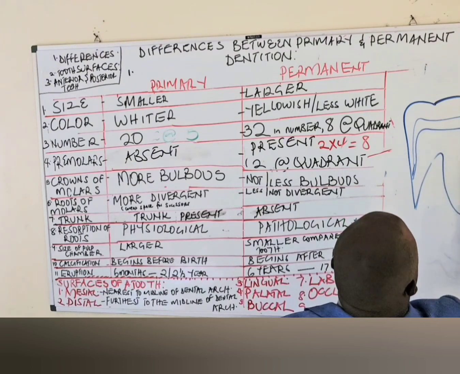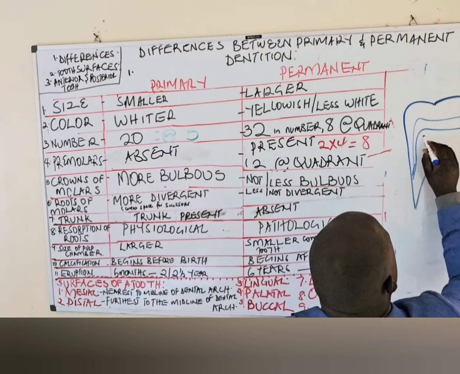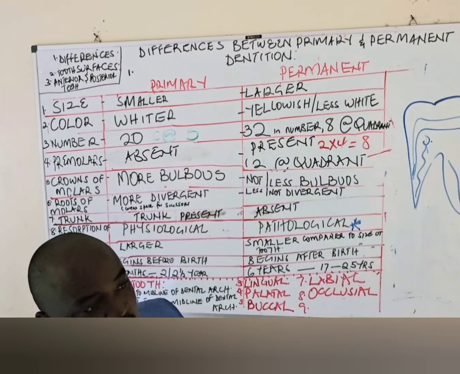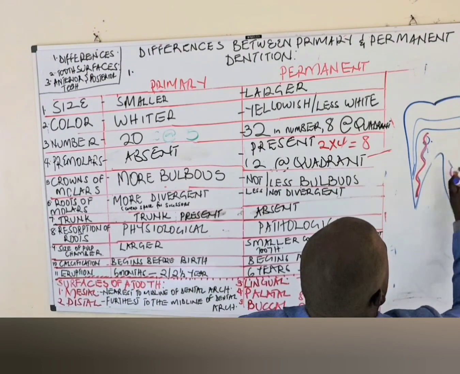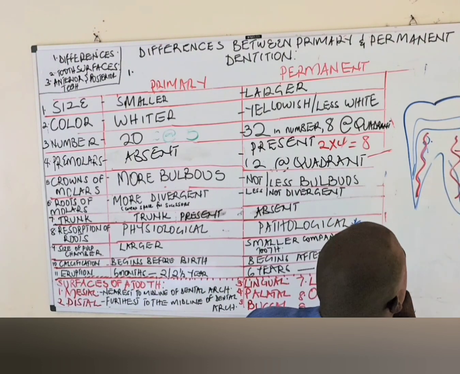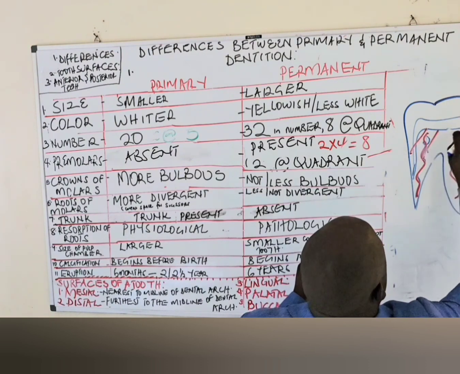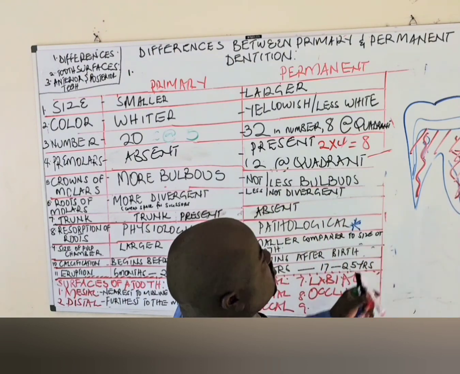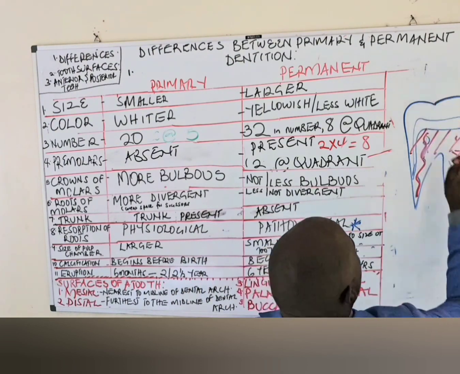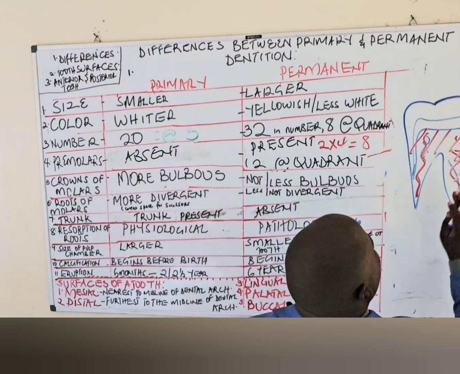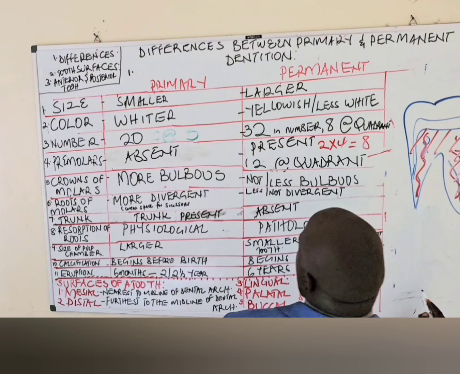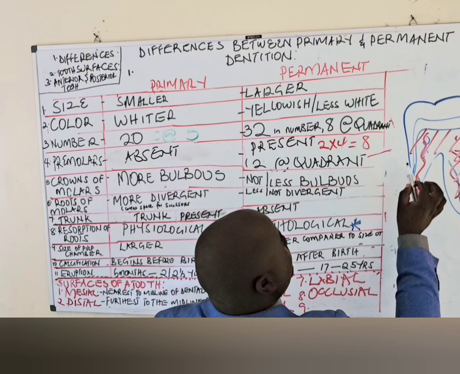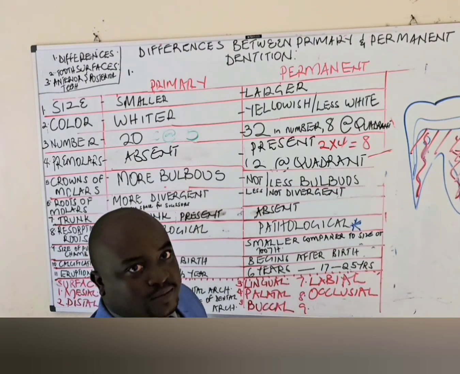We also have the dentine, but the part where there are blood vessels, the blood vessels are in this part called the pulp. So, compared to the other tooth structures, the pulp is very big. Whereas for permanent dentition, it is less.